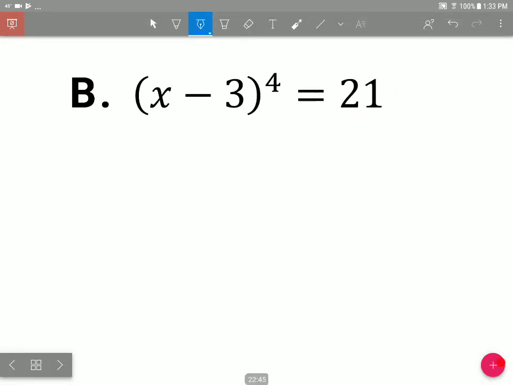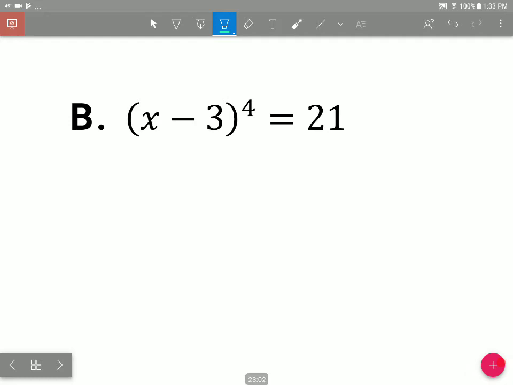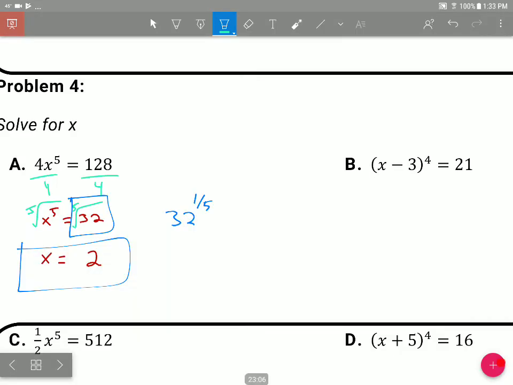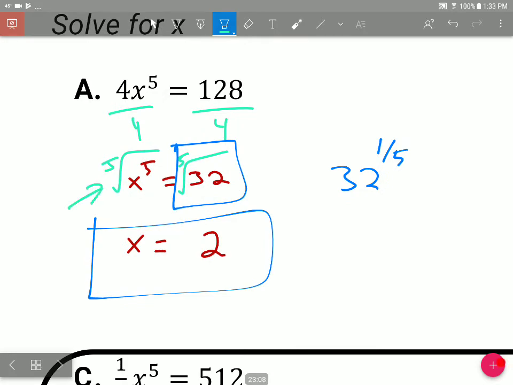All right, so letter B. We're solving this. What are we going to take care of first, the -3 or the exponent? The exponent. Think of it like the outside. The exponent's on the outside. So how do we get rid of that 4th? How do you get rid of an exponent? How did I get rid of the exponent over here?